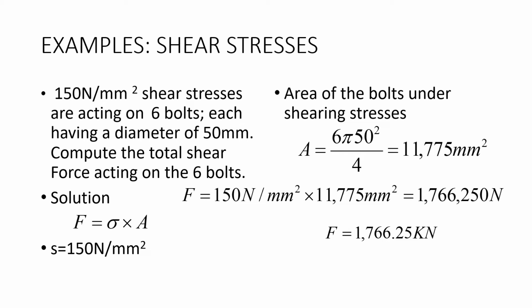Area is equal to 6 bolts times pi times 50 millimeters diameter squared over 4, which is 11,775 millimeters squared. So force is equal to stress times area. Therefore, we got a force of 1,765,250 Newton, which is about 1,766.25 kilonewtons.